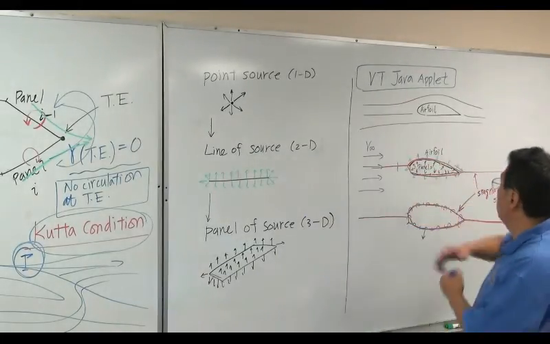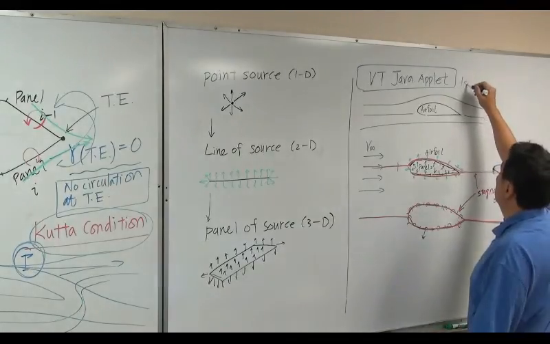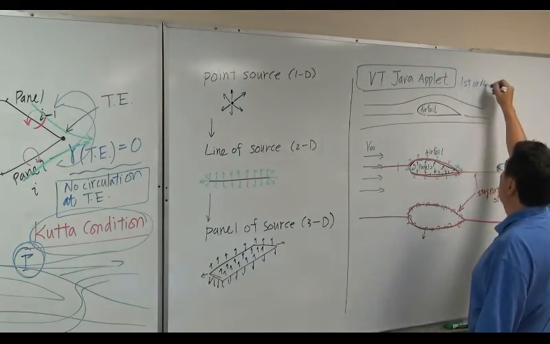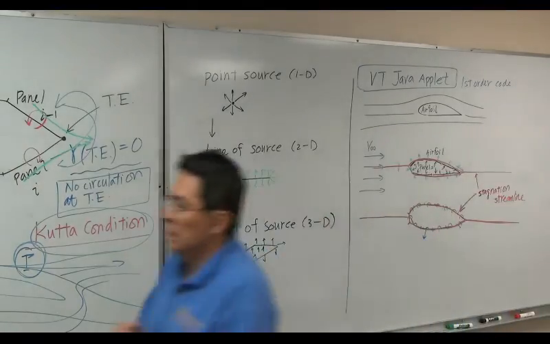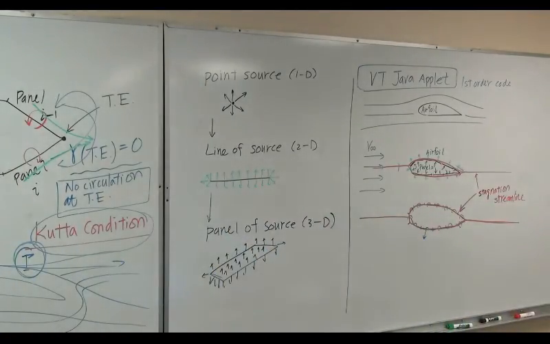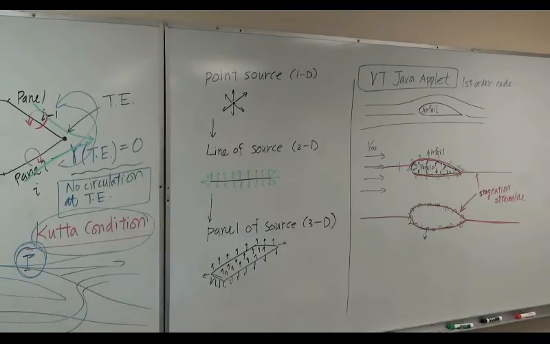But this is essentially first order code. First order code really means each panel comes with constant circulation, so you have a distinctive jump at each panel's connecting point.